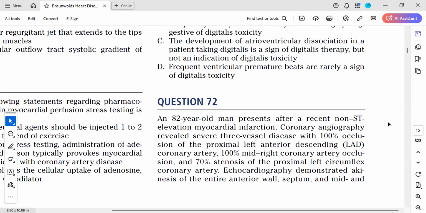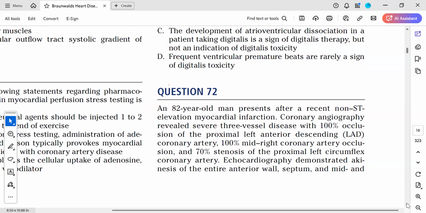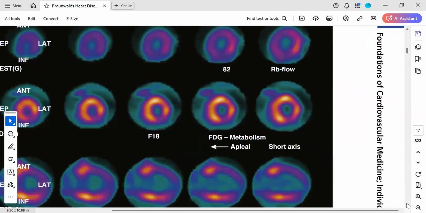There is no physical activity for the patient, so the patient is at rest, sleeping on the table, and you inject the radioisotope agent. Then you will use your gamma camera. It's a camera that will take the image. So those images are the images we are now seeing in the figure. So you can go to the figure, Dr. Eugene. Okay, you can go to the figure.